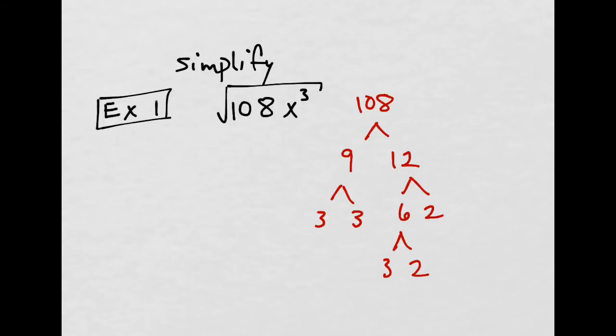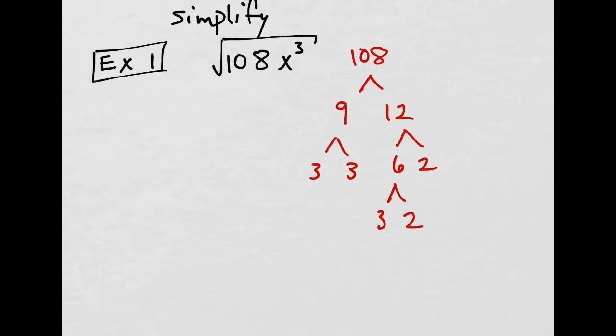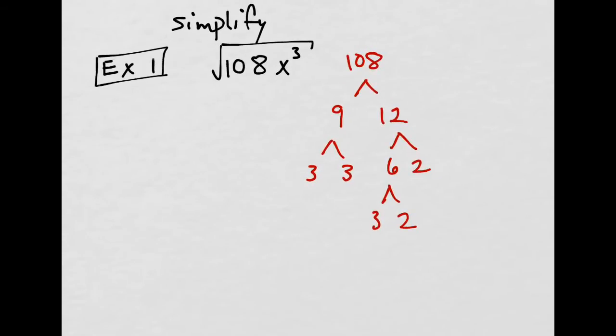Now remember, anytime we have pairs, then, actually, let's acknowledge this. Anytime we broke something down, like 3 times 2, that's the same thing as 6. So I don't have to pay attention to the 6 anymore because it's right here.